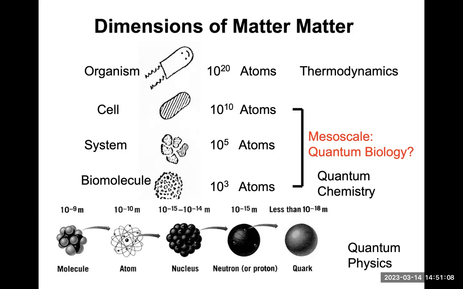So what do we do? Well, we now go to biomolecules, which would have thousands of atoms, and things get complicated. Quantum chemistry. The state of the art here is that as you build bigger and bigger biomolecules, you compromise a bit.